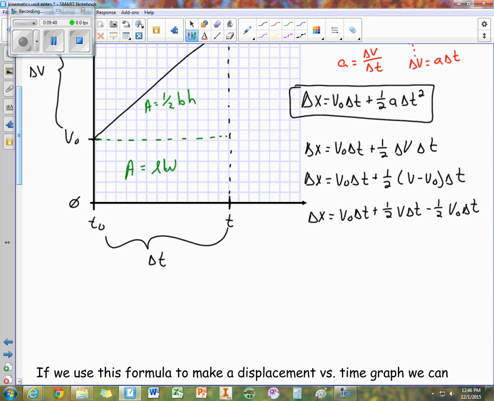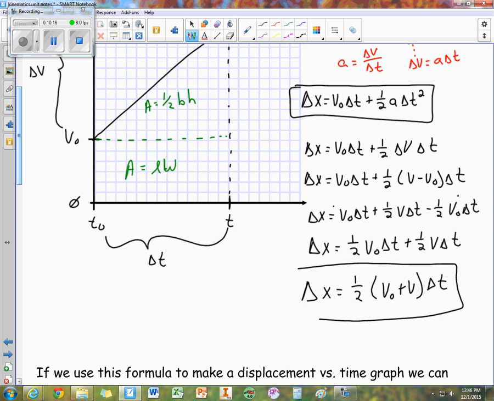Notice that here I have 1 V naught delta t, and here I got negative 1/2 V naught delta t. So clean this up then. That gives me another equation to find displacement.